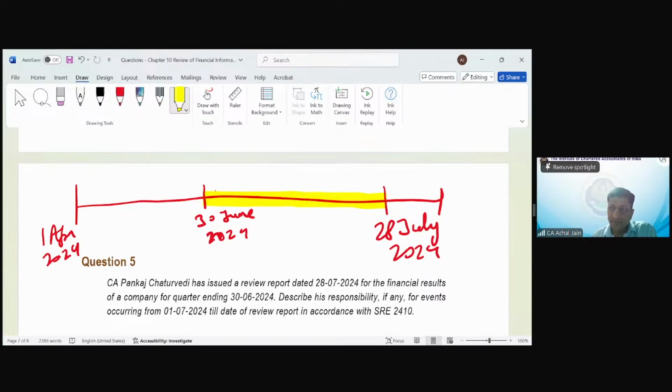No, inquiry is one thing, disclosure is another thing. Where do you disclose? In the review report, sir. In the review report. So you will give a disclosure, is it? So what sort of disclosure will you give? Can you give me one example for this?